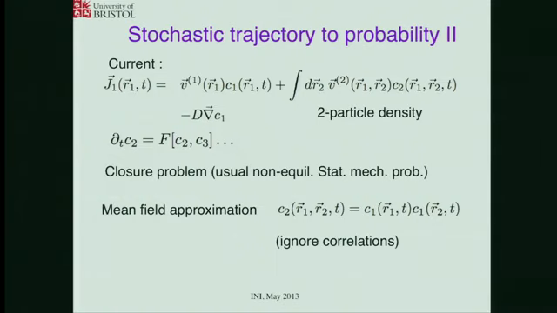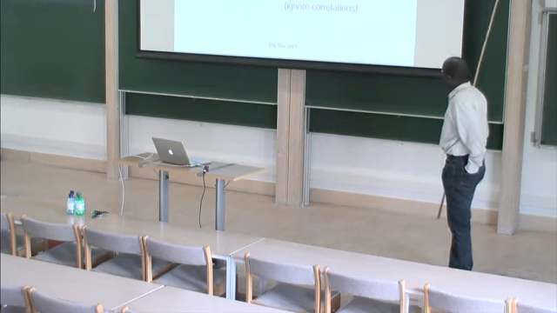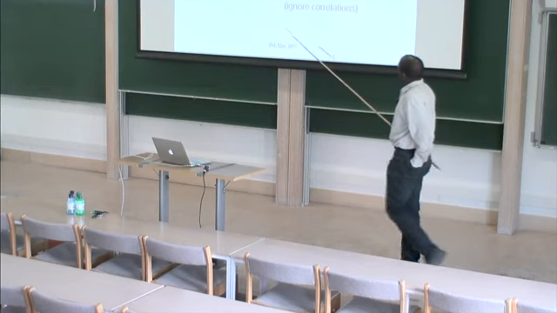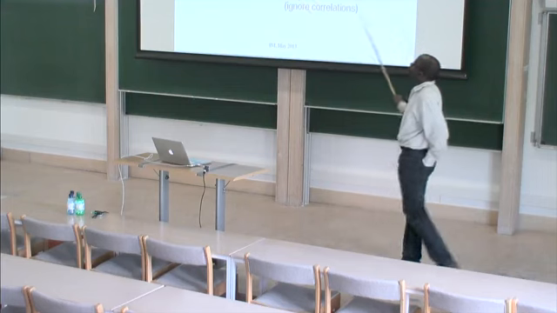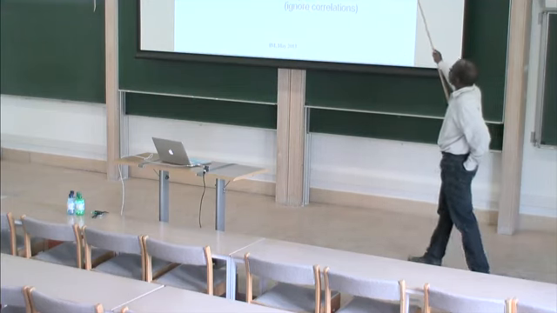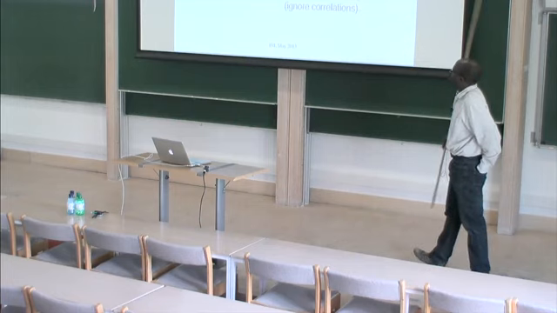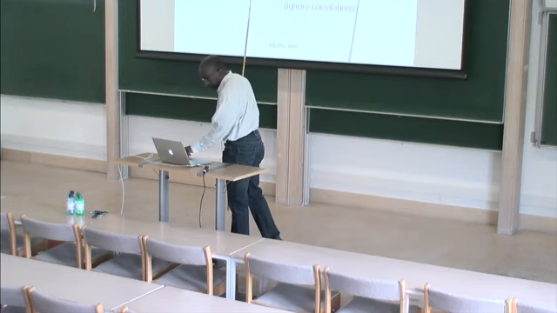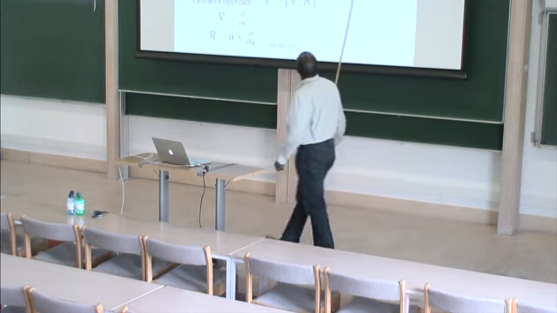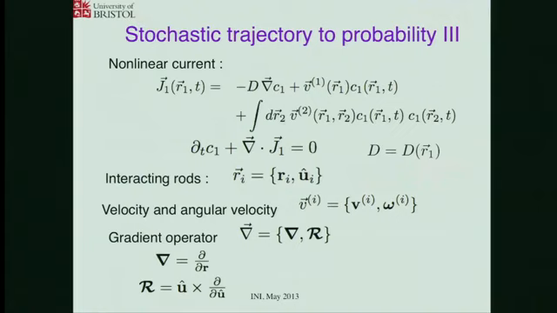Then there will be some term coming from the fluctuations. I can also write down an equation for the two-particle density, which will have a similar form, and of course we have the usual closure problem. What we're going to do is use the mean-field approximation, where we write this two-particle density as a product of one-particle densities, which means we're ignoring correlations. So we now have a closed system of equations.